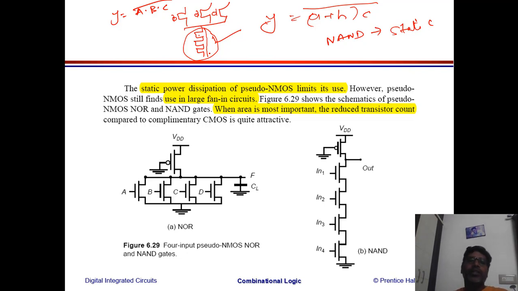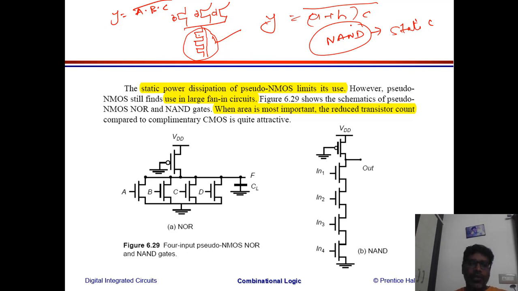Why? PMOS is already slow. If you keep on stacking that, it still drags down the speed of that complete system. So in general, if a chance is given to implement a Boolean expression using NAND or NOR, generally people prefer NAND gate implementation.